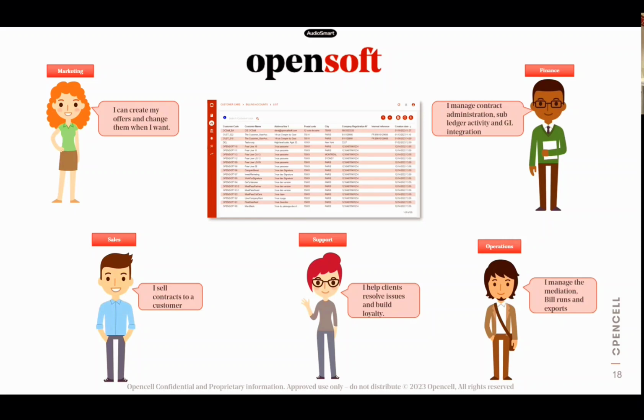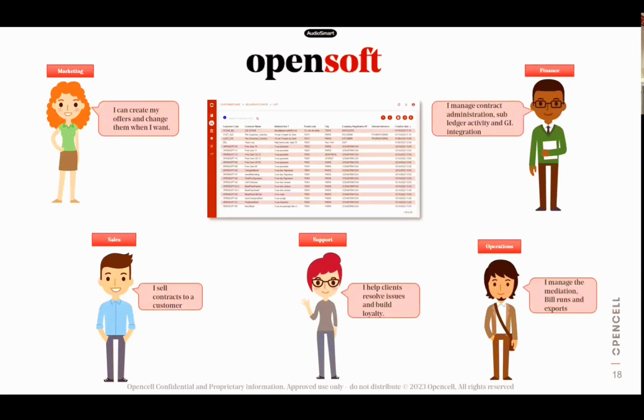That ranges from marketing, who want to create offers and change the offer whenever they want. Sales guys want to sell contracts, do the quotes, do the configuration with the customer, and close the deal with him. We have the support, who help customers with issues they have. They want to build their loyalty with the customer.